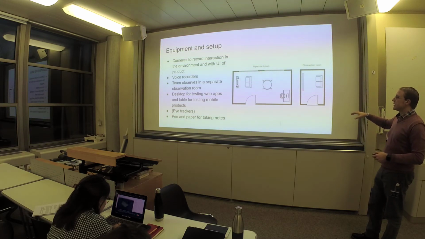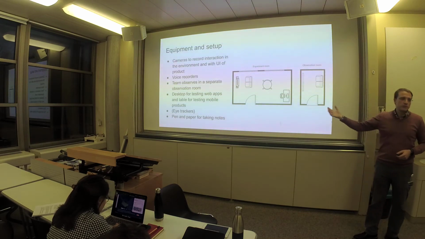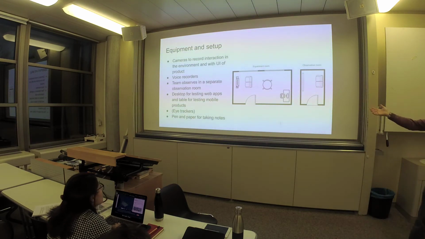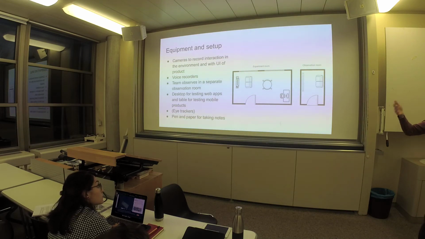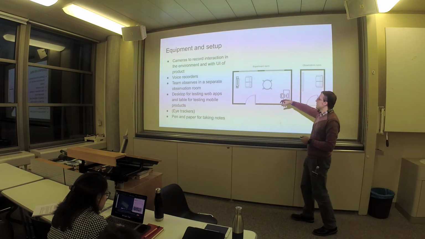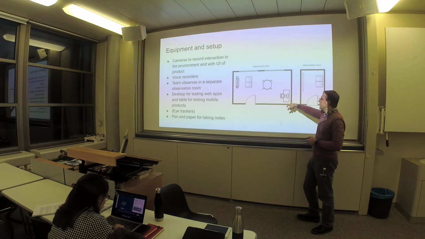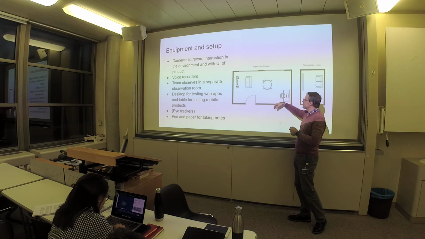You have typically 2 rooms. These are called usability labs, and you find them in the industry. You find them at Google, Yahoo, IBM, and typically this is the setup of these rooms. You have 1 desktop position where you can test web stuff. If you have mobile interfaces, you typically do it at a round table like this.